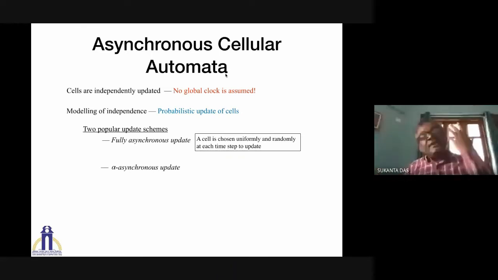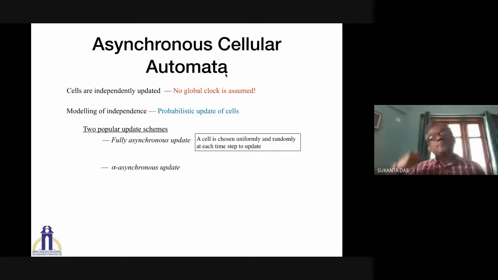If you are applying the fully asynchronous updating scheme, you choose one cell uniformly at random for update at each time step, and the rest of the cells are not updated.